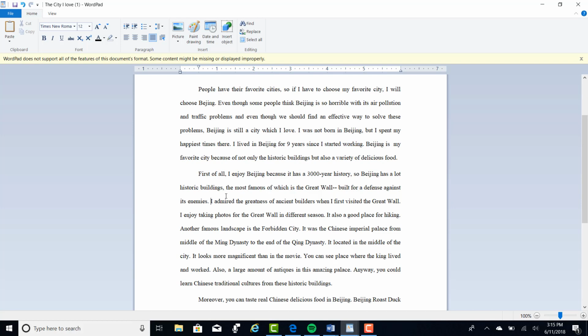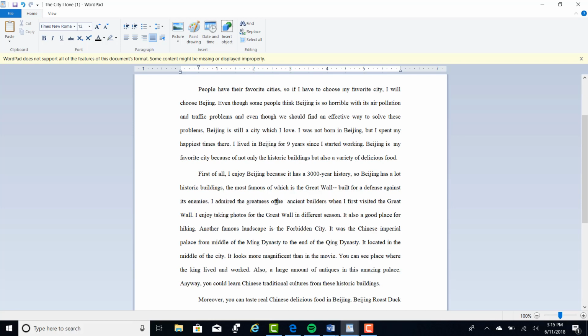I admire the greatness of the ancient builders. Let's use the word architects. You need a little bit more advanced vocabulary here. So I admired the greatness of the ancient architects when I first visited the Great Wall.